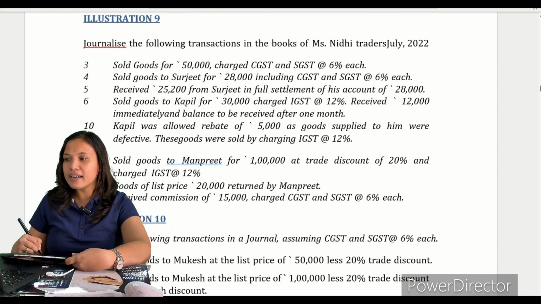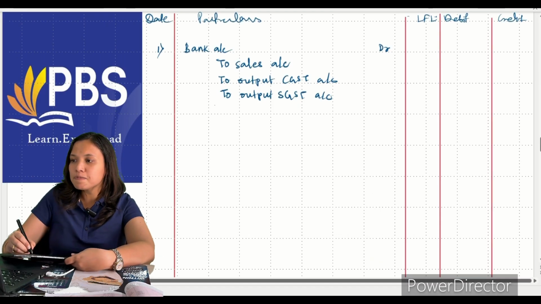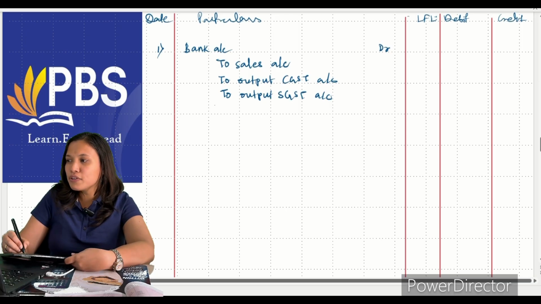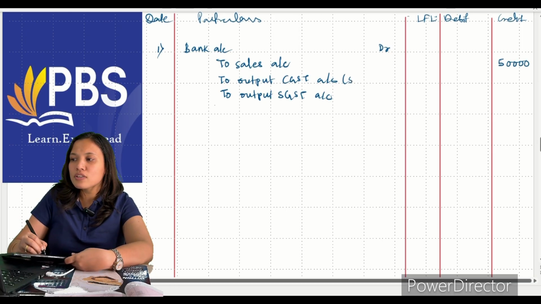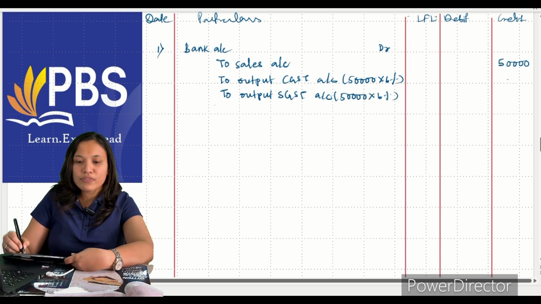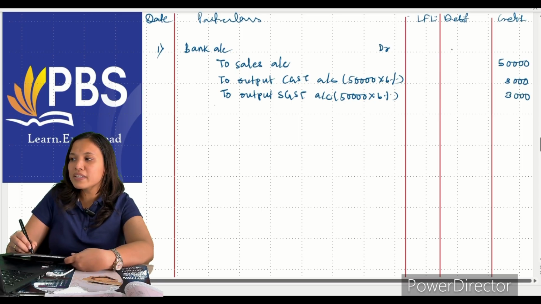What are the amounts we have? 50,000. So value of sales is 50,000 at 6% each. So calculated 6%, it is 50,000 into 6%, that is 3,000. So what will be my total value?